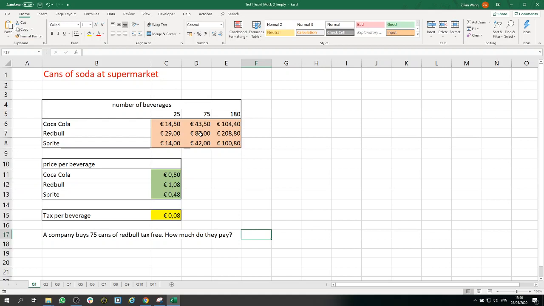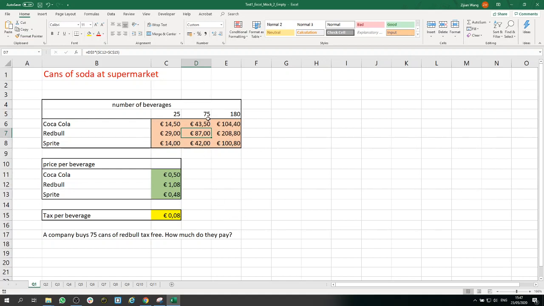So here we have 75 cans of Red Bull including tax. So one way to do it is to use this number and minus 75 times the tax. However, we will take another way.